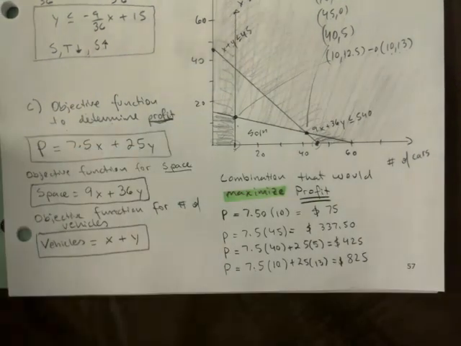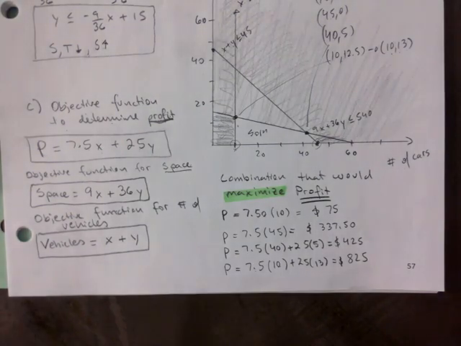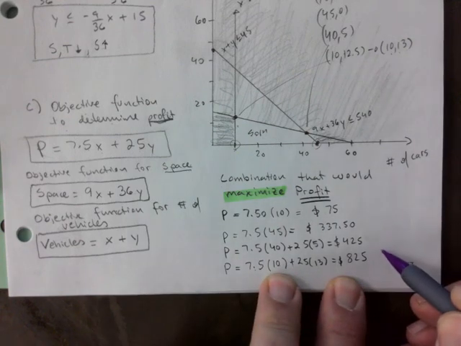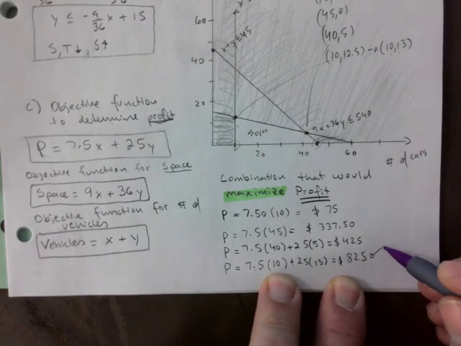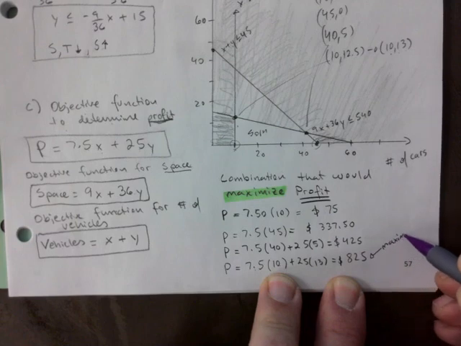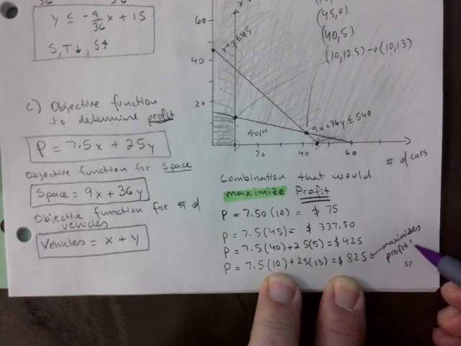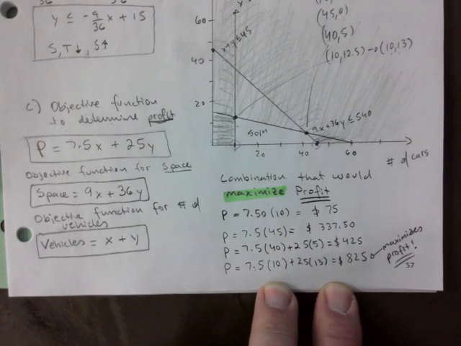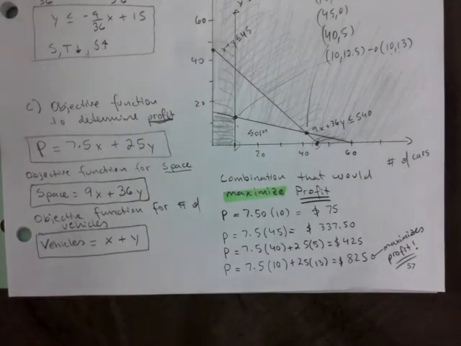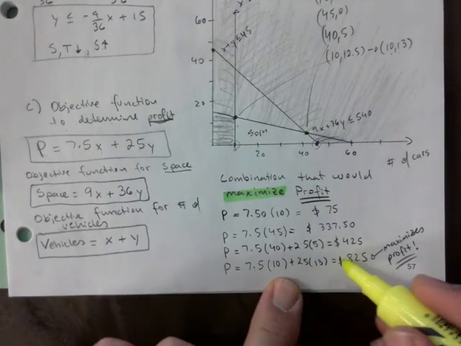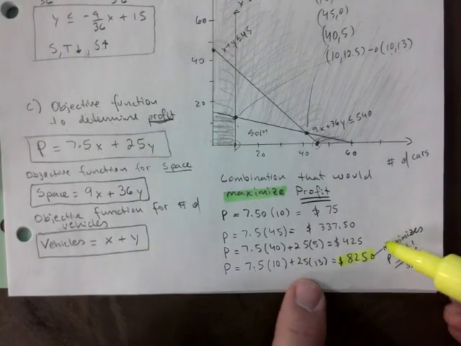Okay, now be careful, because the question could have said which combo can minimize the profit. You wouldn't want to know that one in reality, right? But it could ask that. So this maximizes, right? Maximizes profit right here. That's a very, very important one to us. I'm going to highlight that one. Okay.